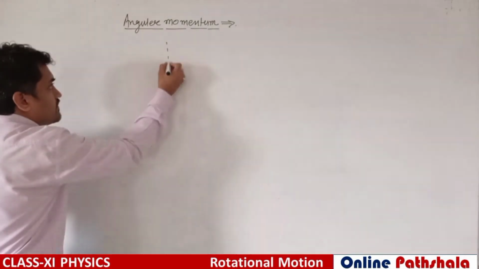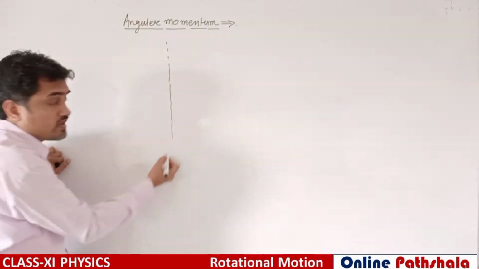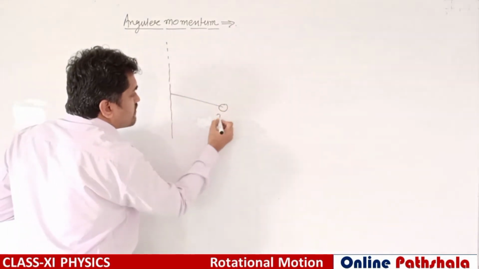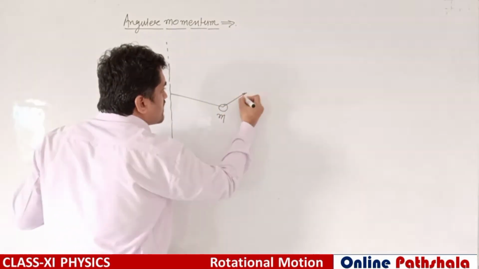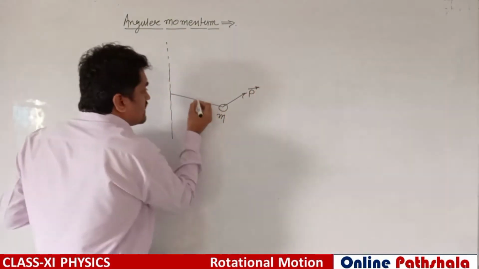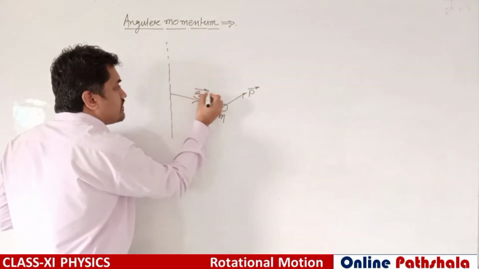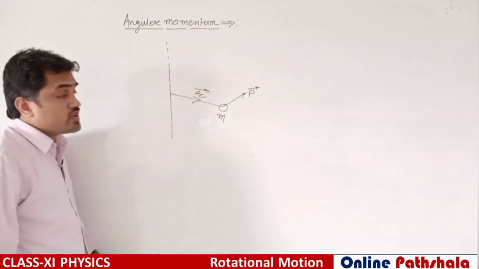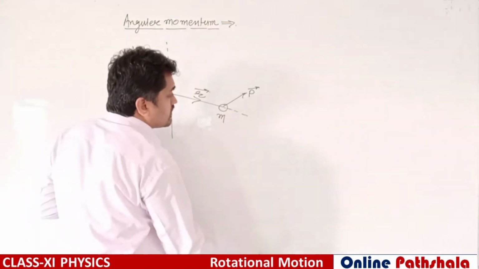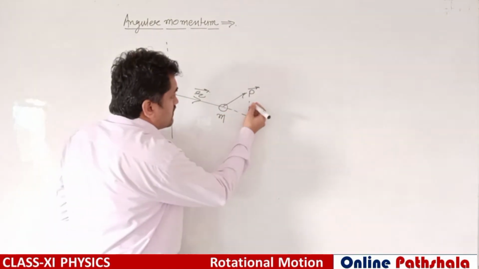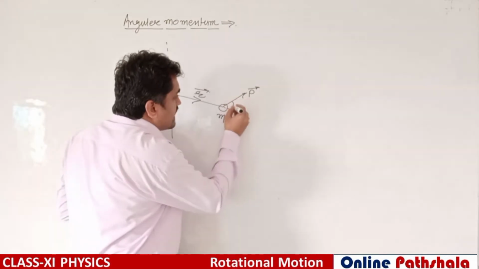Let us consider this is the axis of rotation and a body of mass m having linear momentum p vector. This is the radial vector r vector. This angle is theta.